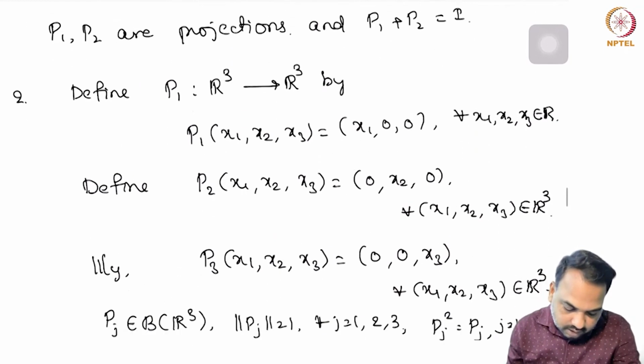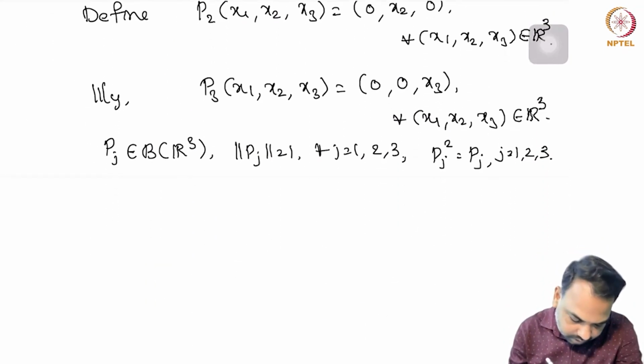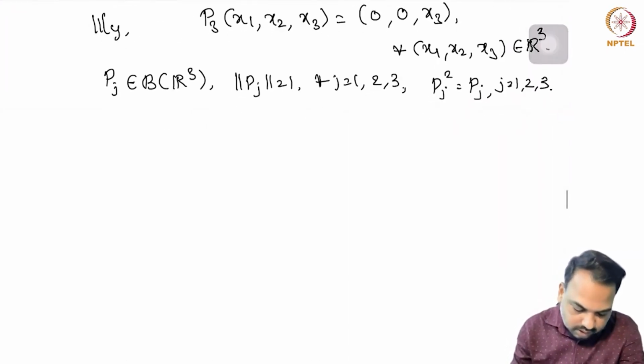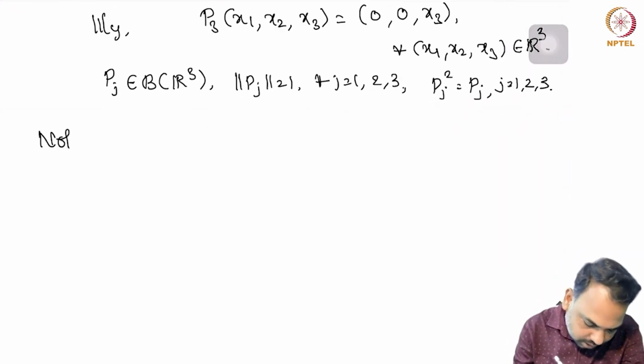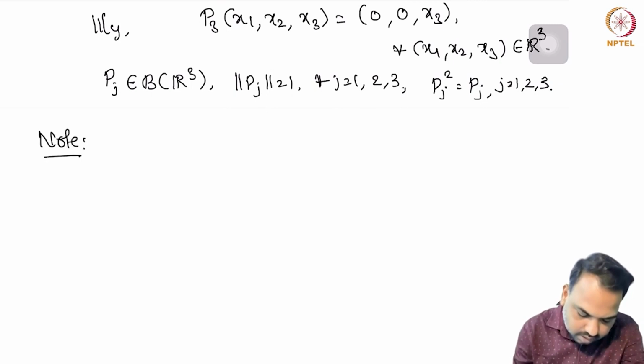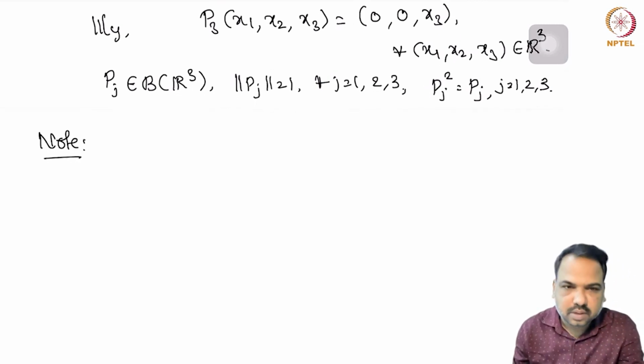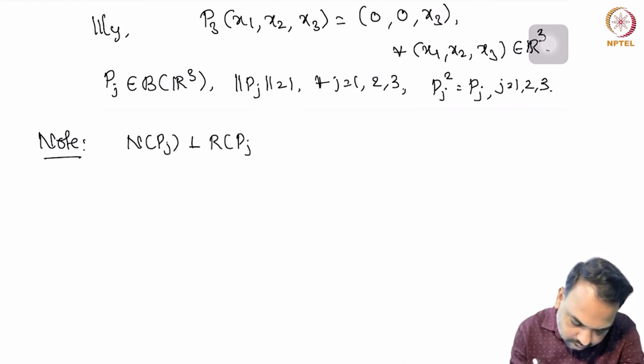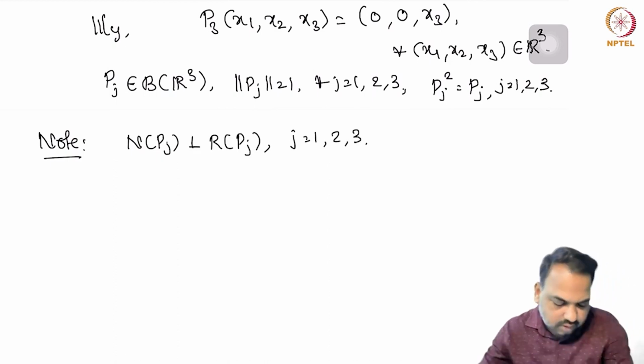And not only that, we can easily see that the null space of Pj is orthogonal to the range of Pj for all j equal to 1, 2, 3.